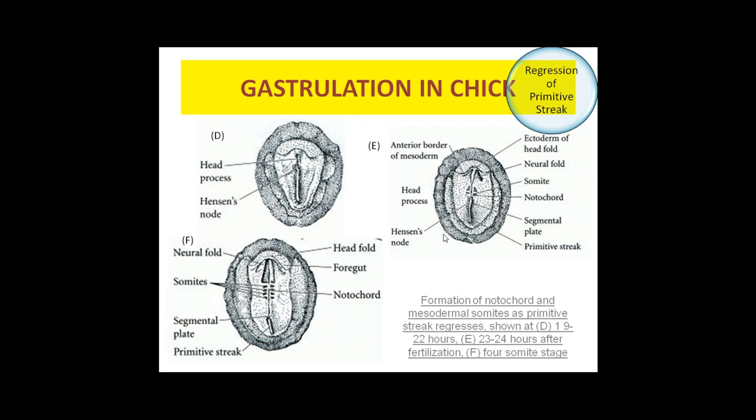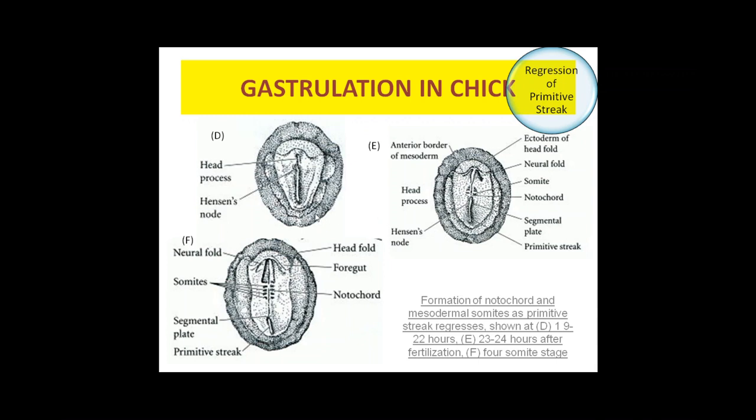Now, a new phase of gastrulation begins. While mesodermal ingression continues, the primitive streak starts to regress, moving Hensen's node from near the center of the area pellucida to a more posterior position.